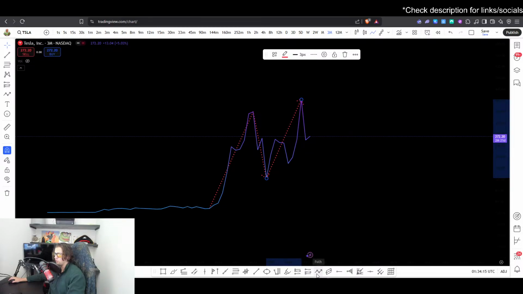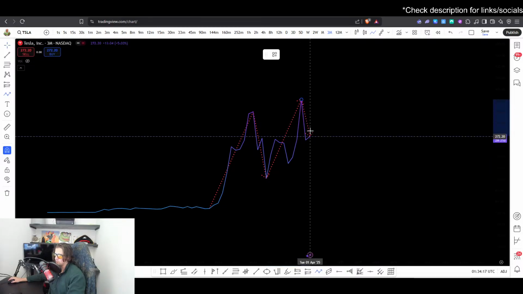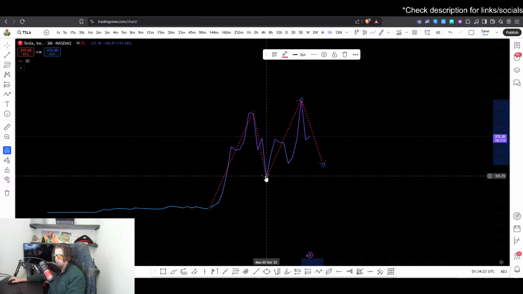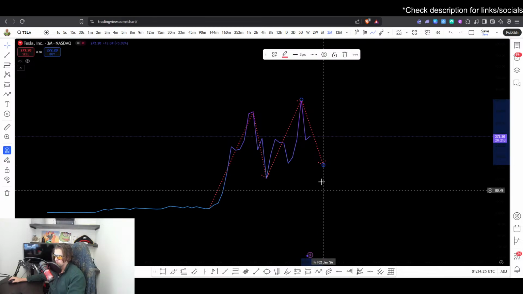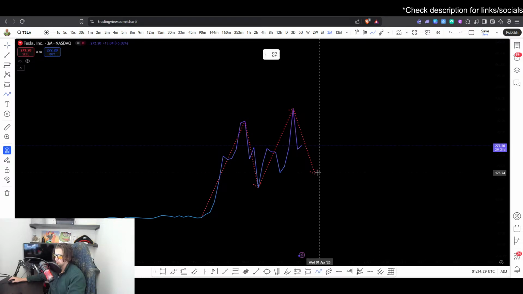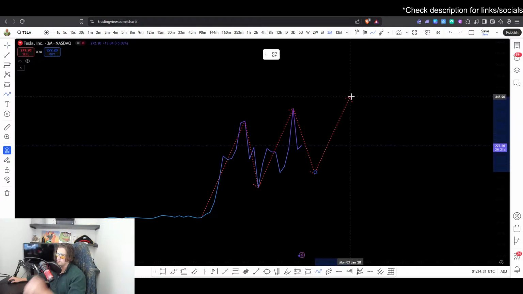So one would think that if price comes down here, if it were to make a low above this low and continue going upwards, well then price is still in a bullish trend. And there's a common adage out there in the market that is, the trend is your friend.